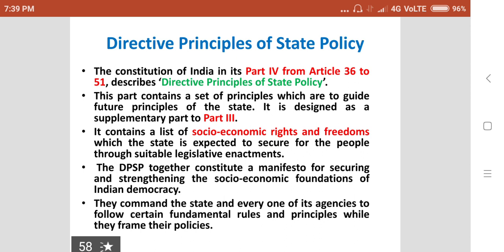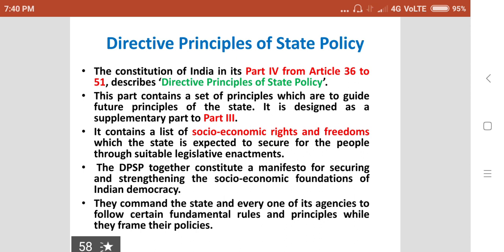It contains a list of socio-economic rights and freedoms which the state is expected to secure for the people through suitable legislative enactments.